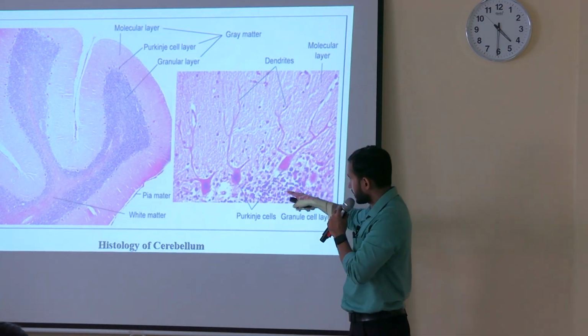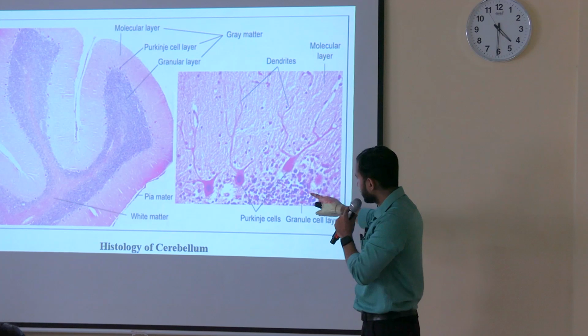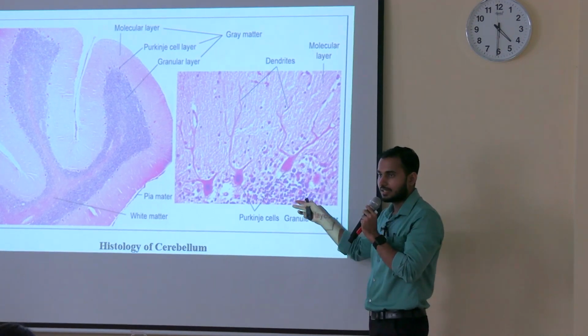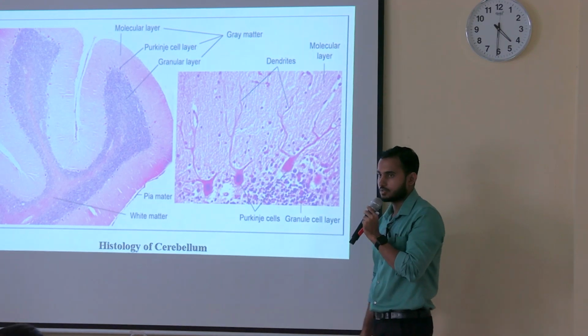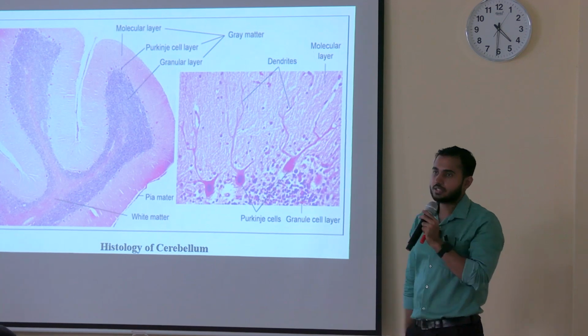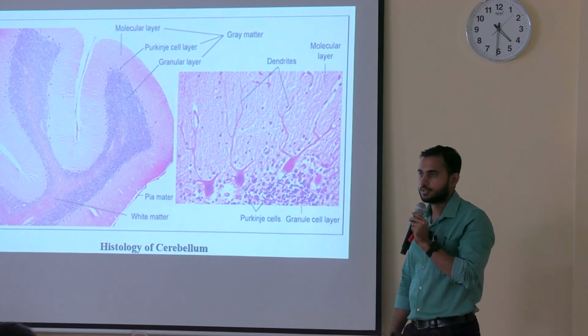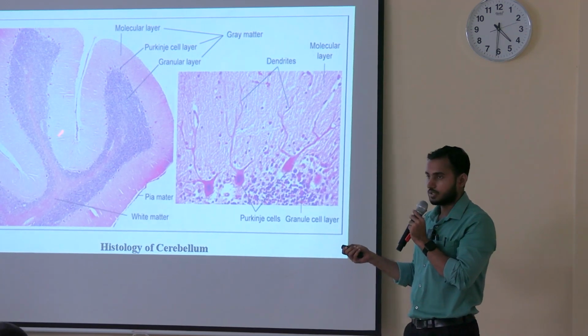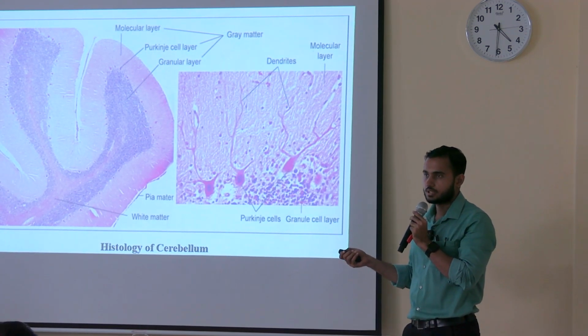Okay, next this is the granular layer where you can see densely packed cells. That's why it is dark in appearance. Okay, so the same thing you have to see under the microscope and then you have to identify. Okay, so this is very important. You can expect this one during the final practical exam. Okay.